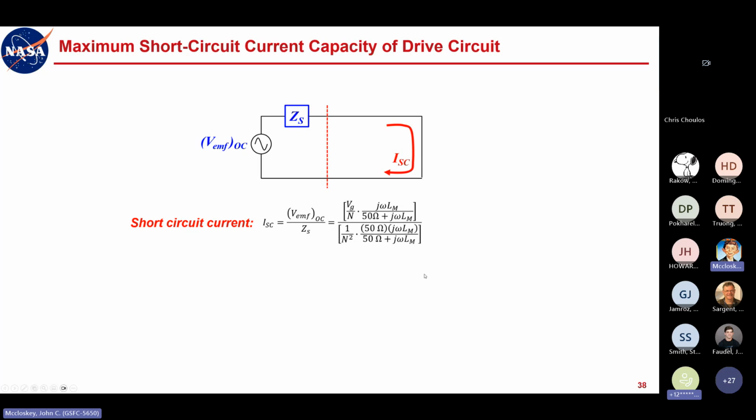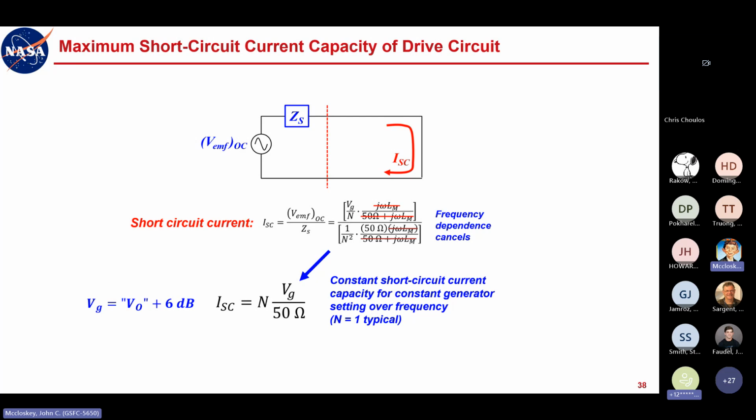But looky here, all these frequency dependent terms cancel, and you're left with what I think is a very beautiful expression that tells you the short circuit current is a constant value for a constant generator setting over frequency. And again, with the turns ratio here, but n equals 1 typically, and certainly I'm pretty sure for the probe I'm going to show you on Wednesday.